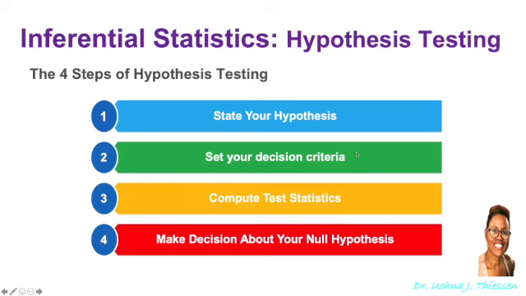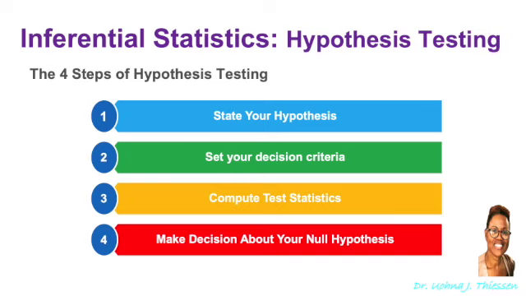set your decision criteria. Fortunately, that's kind of already standardized in the field of statistics, where we use a p-value of less than 0.05. And what that means is that if the probability of your results is less than 5%, or p is less than 0.05, then we would say that these results are statistically significant, right?